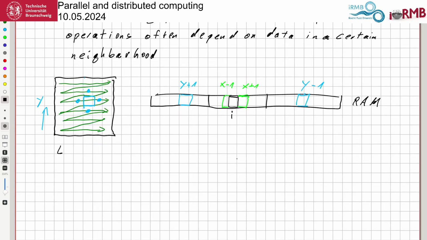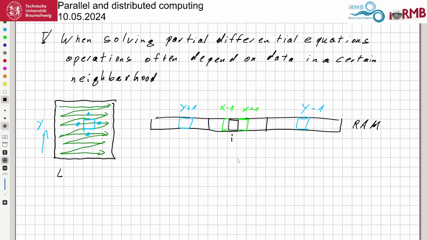Yeah, please. I wanted to understand, when we say that I depends on its neighborhood, what do we mean by depends? Okay, I itself is just the index. It does not depend on something. So think about your homework where we solve the heat equation.